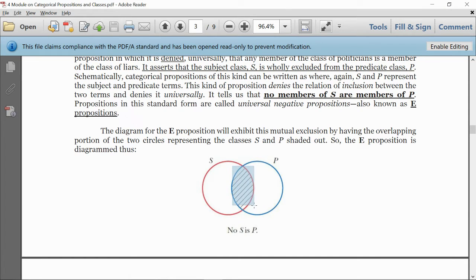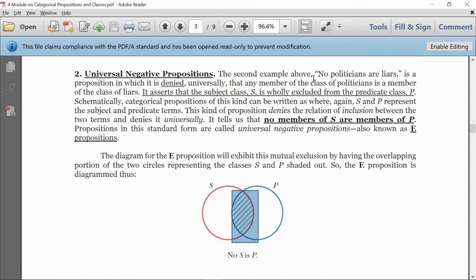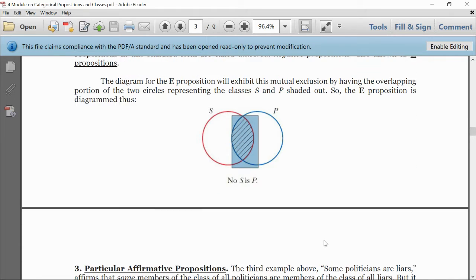It is shaded out to indicate the non-relational link between the class of S and the class of P. In other words, no politicians are liars.